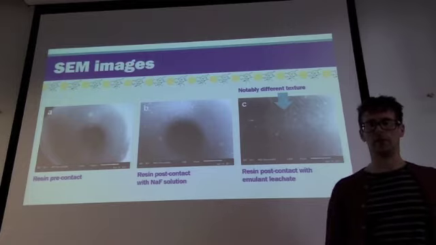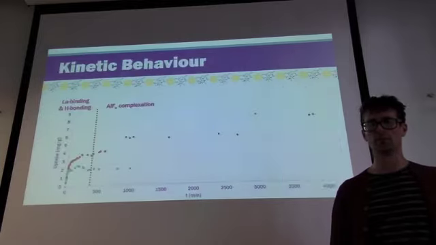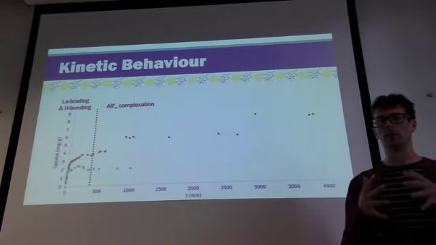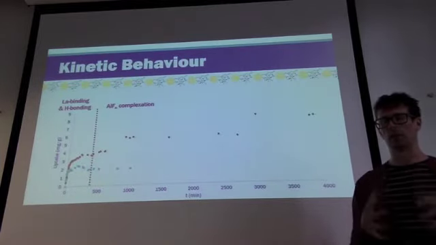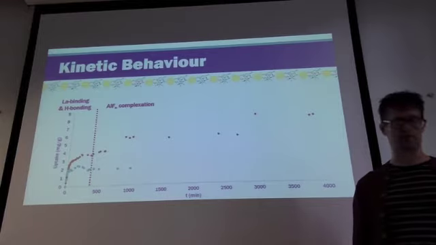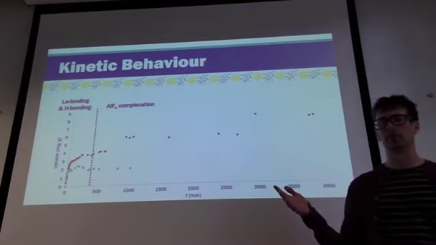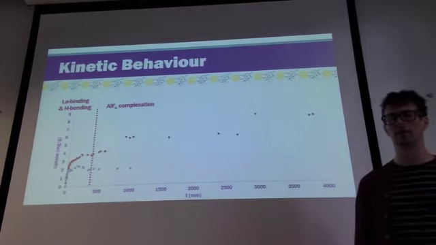This, we believe, is the start of the aluminium and fluoride complexation. And this building up of individual layers would quite nicely explain the secondary stages of the kinetics graph that we observe for extraction from the emulant leachate.